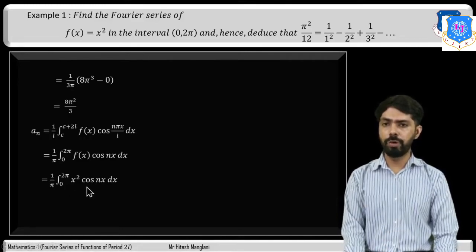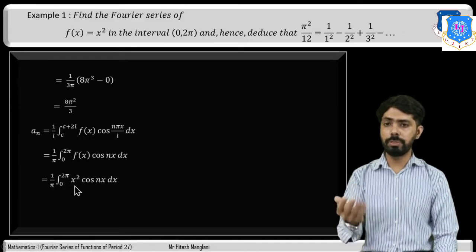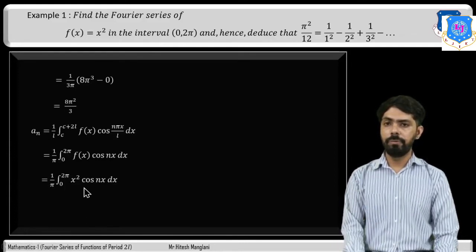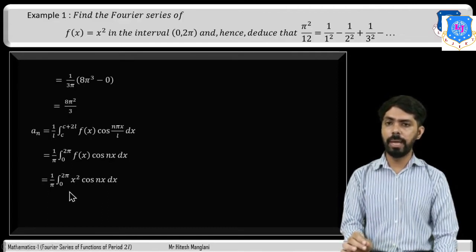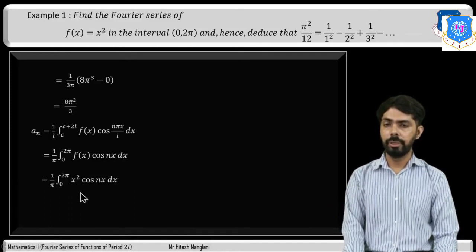From these two functions, that is x square. So we will choose x square as the first function. Then first function will be as it is, then we will take integration of the second function, then minus derivative of the first function and again integration of the second function.